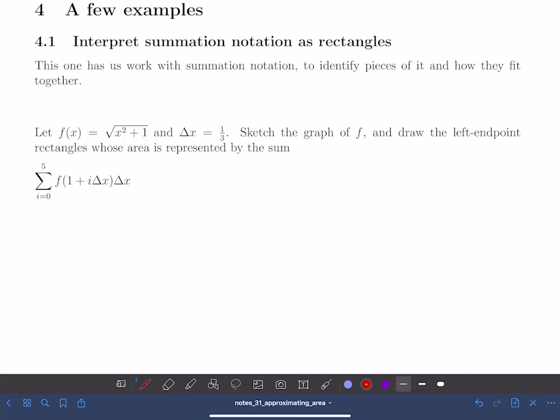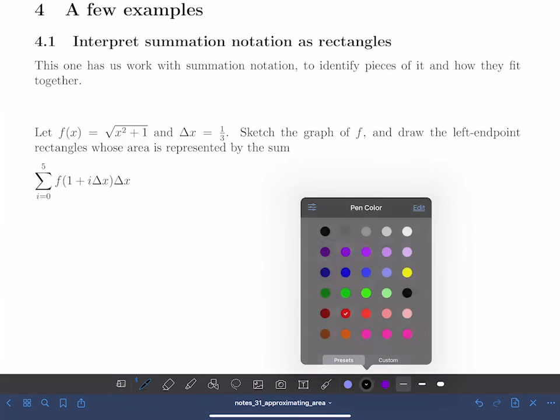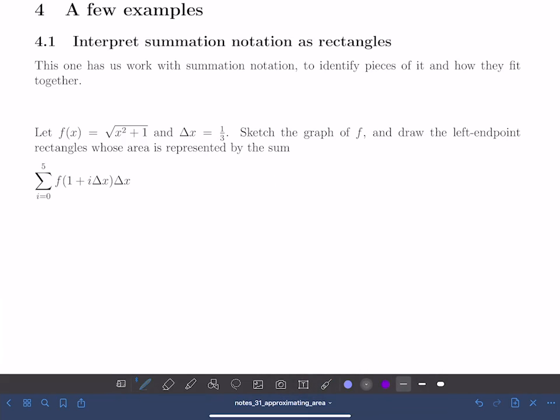All right, so we're going to need to draw a graph. There's my graph. Let's let that be x. This is going to be the height determined by f of x. We need to draw the left endpoint rectangles whose area is represented by the sum.